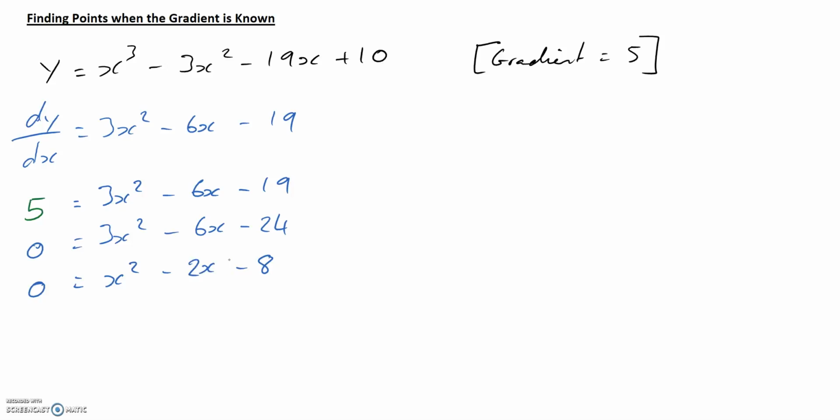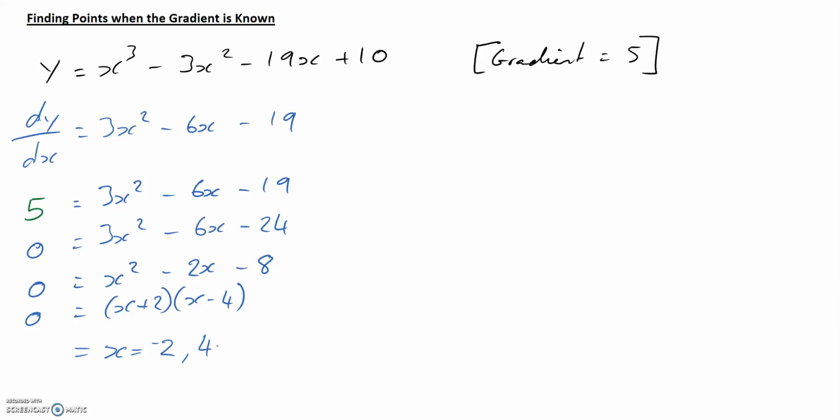And then we can just factorize that as it is. So it's going to end up being minus 4 and 2, so x plus 2 and x minus 4 will give us that. So it gives us a value of x equals negative 2 and x equals positive 4.